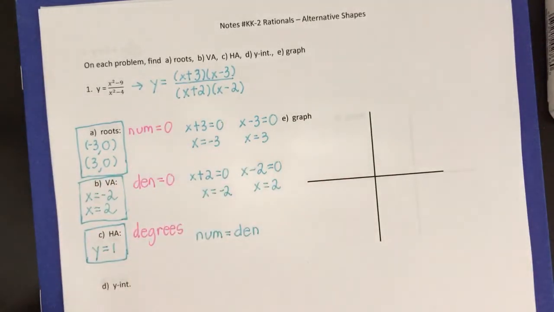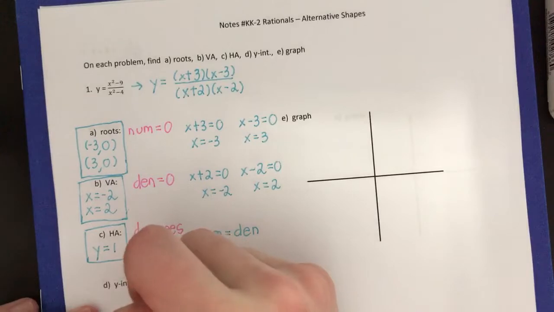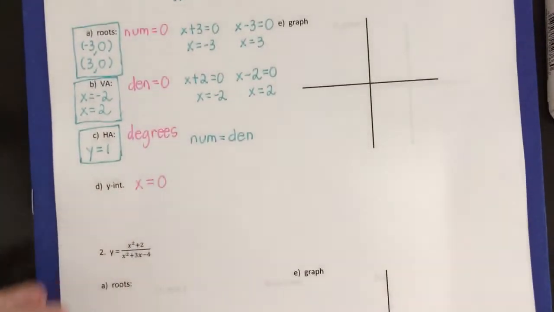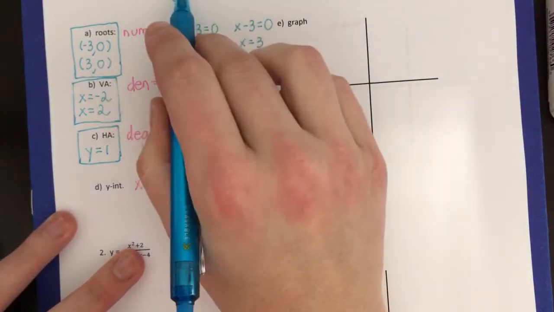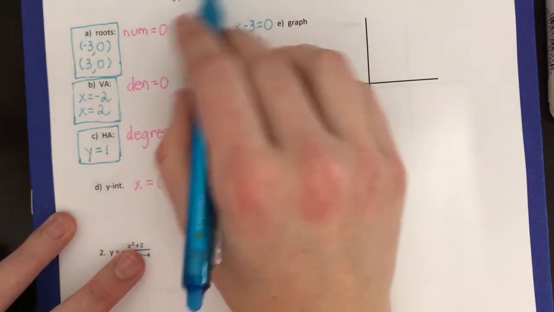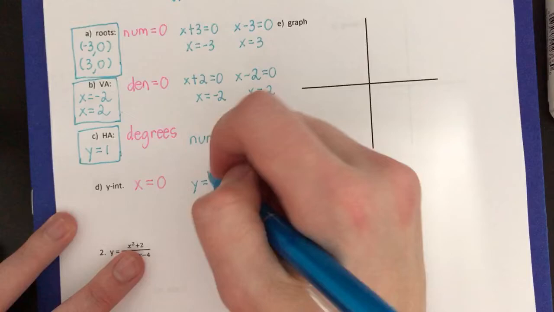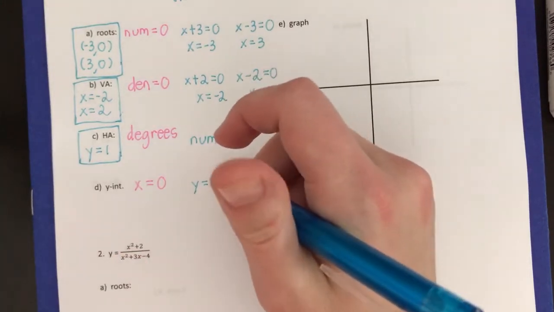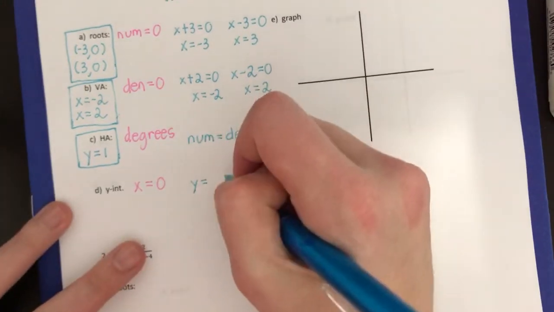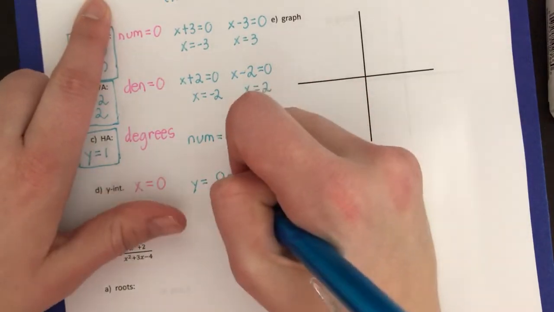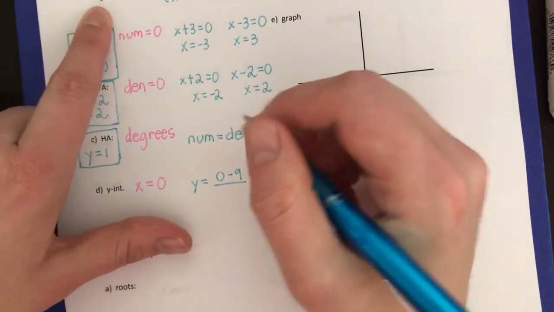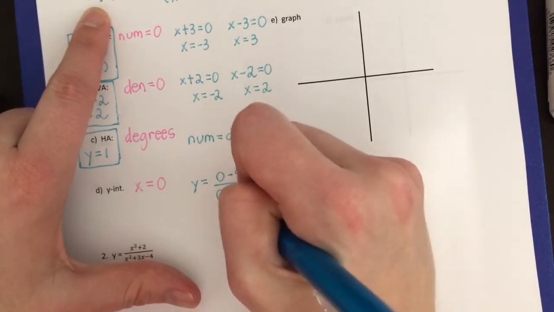Okay, y-intercept. Remember, y-intercept is found by setting x equal to 0. So y equals on top. You could either use this version or this version again, okay? It's not like we had any holes, nothing canceled, so you could use either one. Let's just use this one, 0 minus 9, and then on this, 0 minus 4.